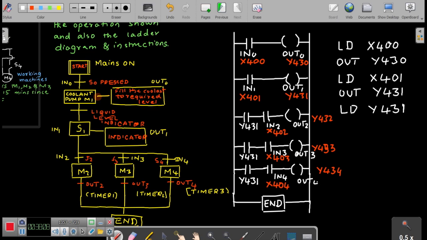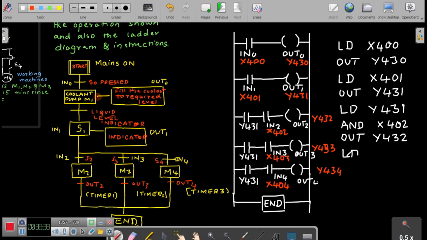And X402, out Y432. Again you will have to go with LD only.